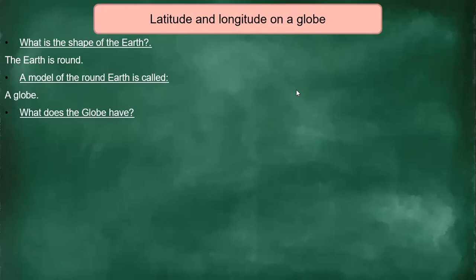So it will have pictures of all the continents. It will have latitude and longitude lines. It will also show all the capital cities. It will also have various signs indicating this and that. Fantastic, Lloyd.